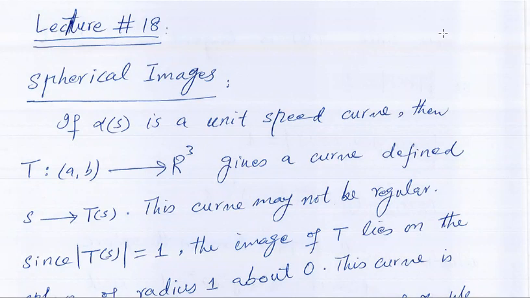In this lecture, we will discuss spherical images. So first of all, what are spherical images? If alpha of s is a unit speed curve, then T: (a,b) to R3 gives a curve defined by s to T of s.